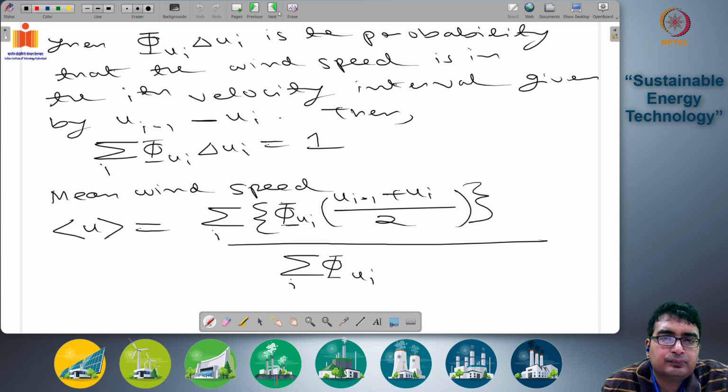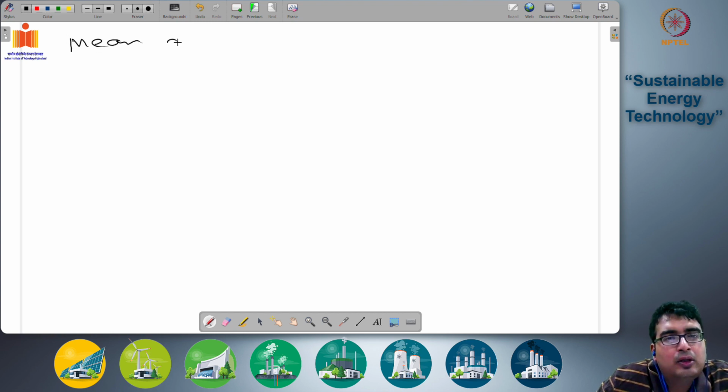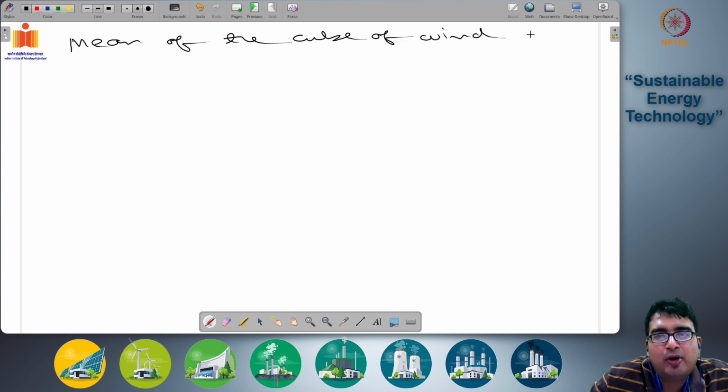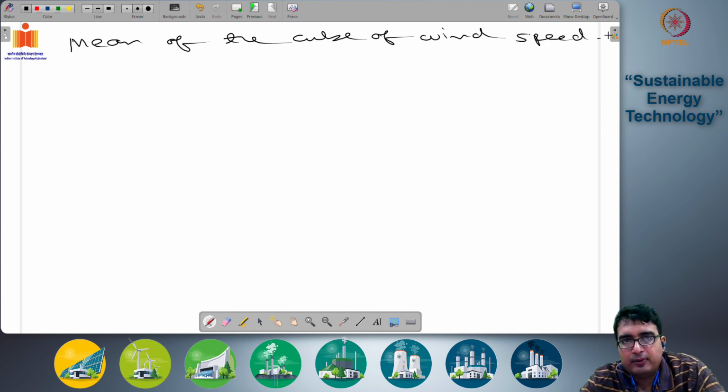Another important variable, and we will discuss why this is important, is the mean of the cube of wind speed. We already know a little bit of why the cube of wind speed will be important when we looked at the power. The wind power was proportional to the cube of the wind speed.